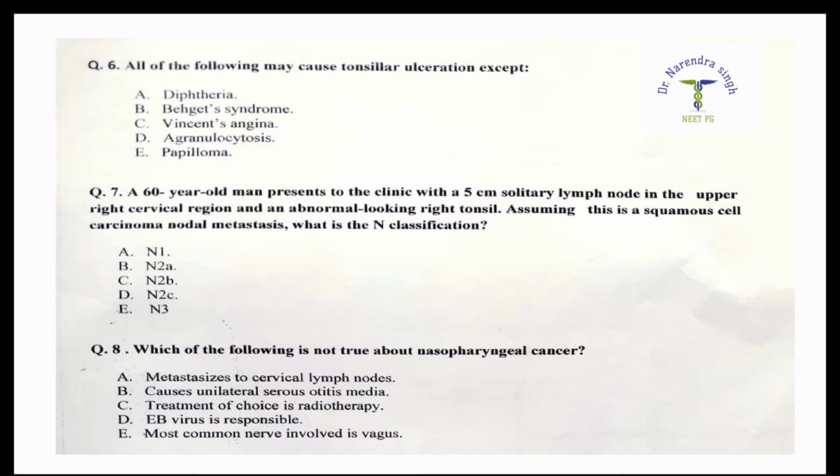Then the correct answer will be papilloma. In cases of papilloma, we never notice tonsillar ulceration. So this was a simple question, but asked indirectly, and we reach the answer by the exclusion method.